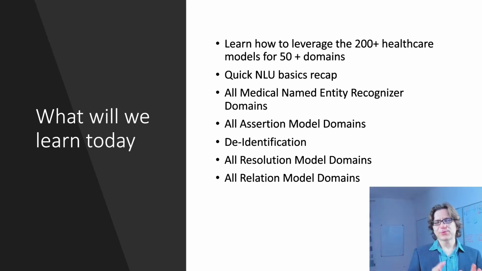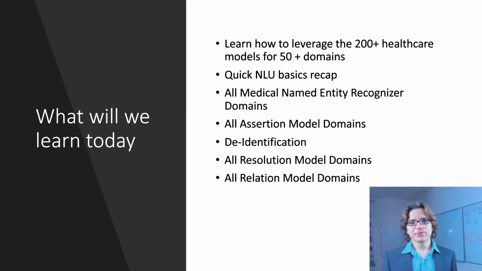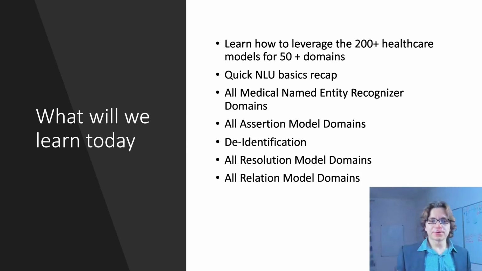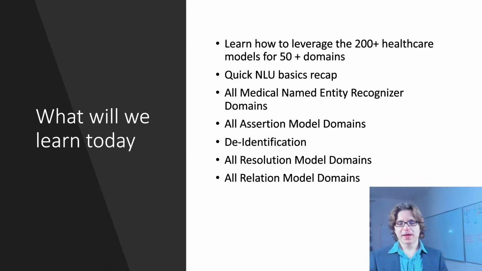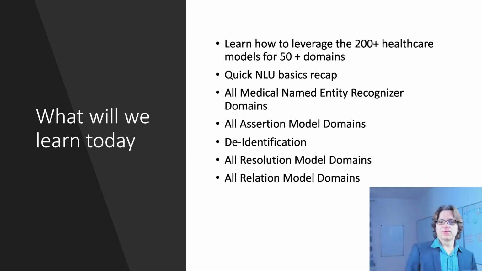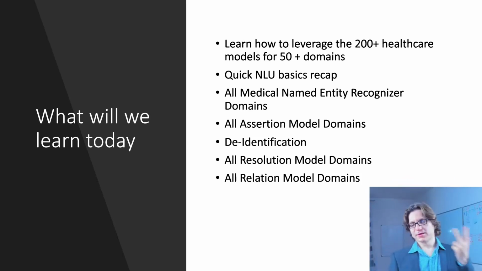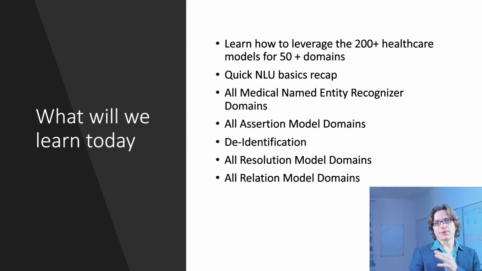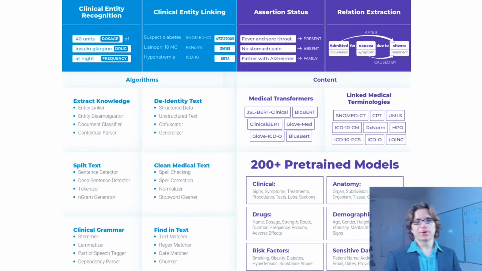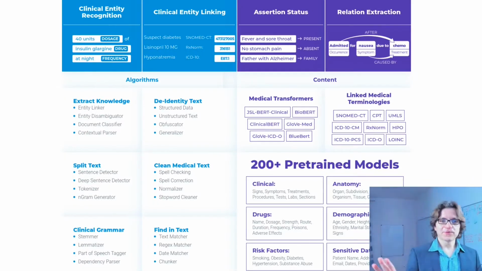We will do a quick recap of how to use NLU, which is basically just two methods you need to know and maybe a third one. And after that, we go over all the algorithms in the medical library of Spark NLP and NLU, which will be the named entity recognizer, the assertion models, the de-identification, resolution, and relation. And for all of them, we cover all of the problems. So, just a quick overview and cheat sheet.